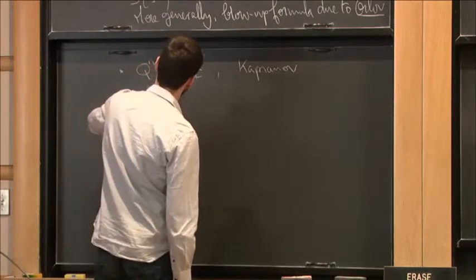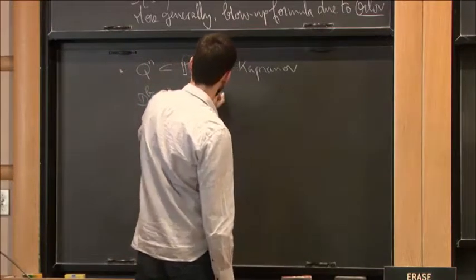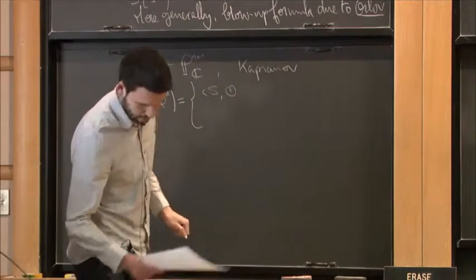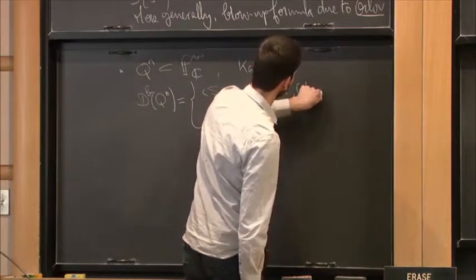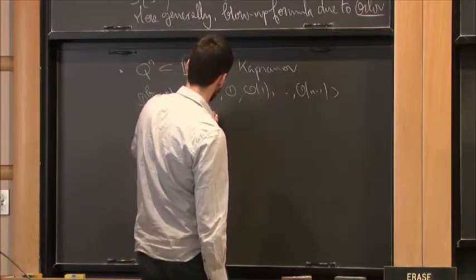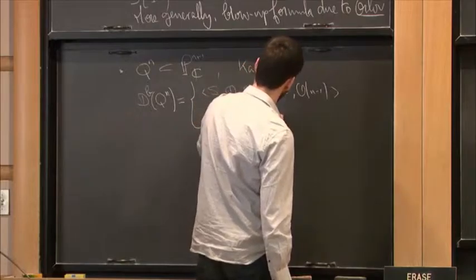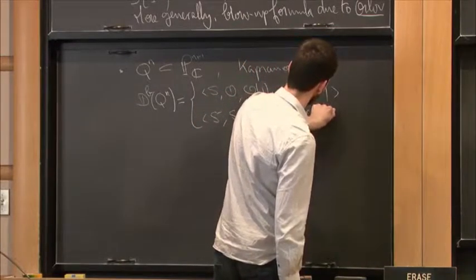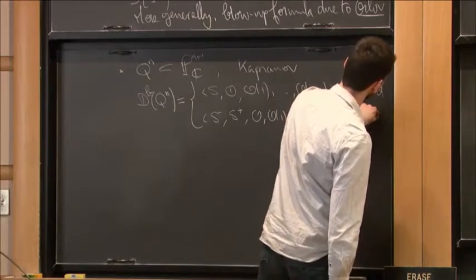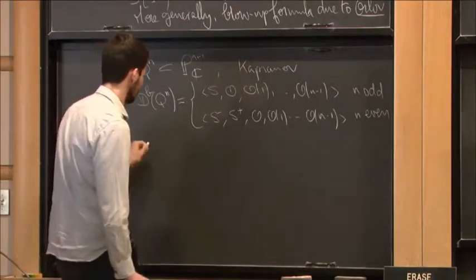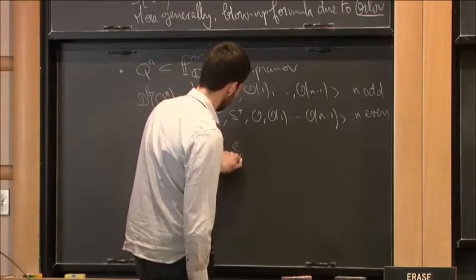So dB of Qn is equal to ⟨S, O, O(1), ..., O(n-1)⟩ or ⟨S-, S+, O, O(1), ..., O(n-1)⟩, and this is if n is odd, and this is if n is even. I'm not going to get into details, but S minus and S plus are spinor bundles.